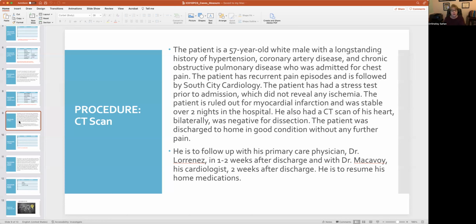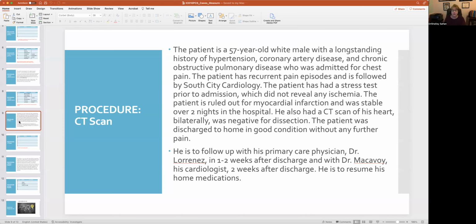The patient was discharged to home in good condition without any further pain. So he's been here for 2 nights. What are we coding? We are coding the CT scan of his heart bilaterally because that's what was done while he was in the hospital, and that's what you're doing.